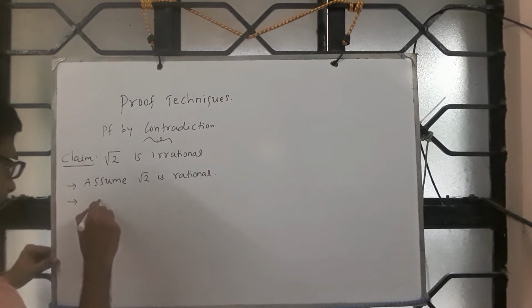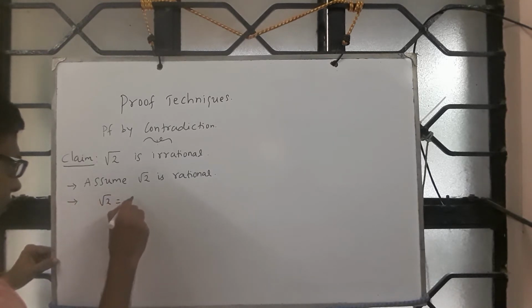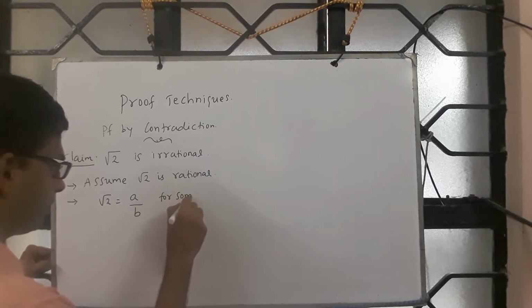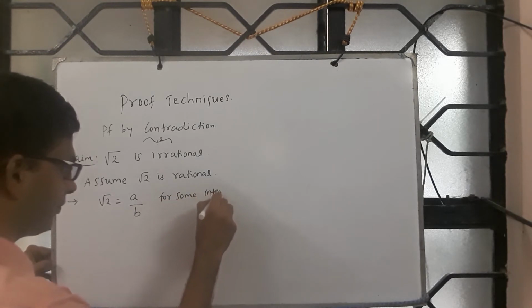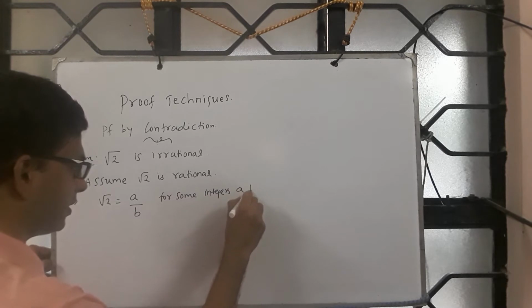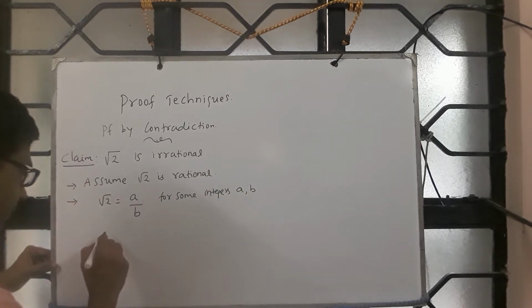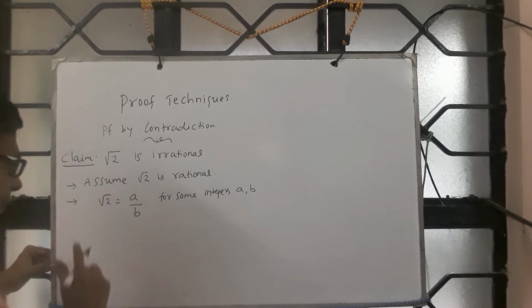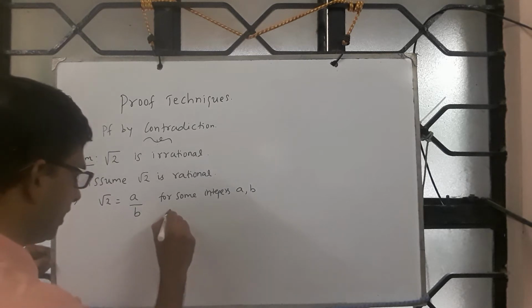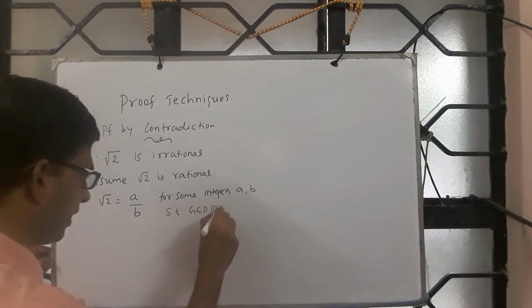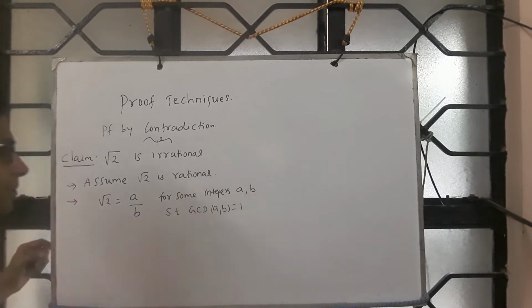then any rational number can be expressed as a by b for some integers a and b. In particular, I express it in the simplified form such that GCD of a comma b is 1.